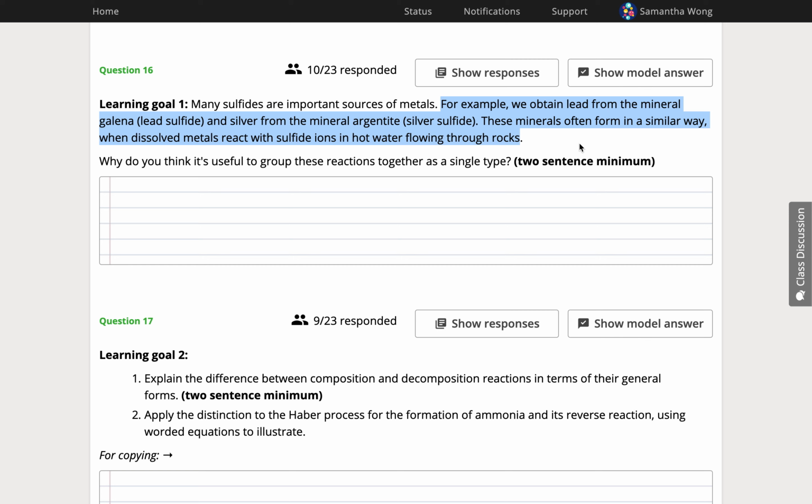These minerals often form in a similar way. When dissolved metals react with sulfide ions in hot water flowing through rocks. Now, the question asks us, why do we think it's useful to group these reactions together as a single type? Please write 2 sentences as a minimum.